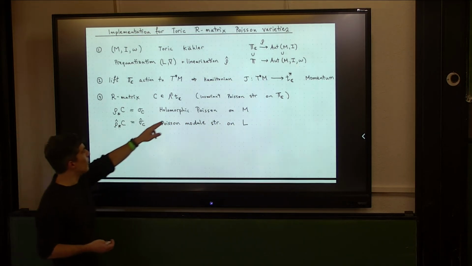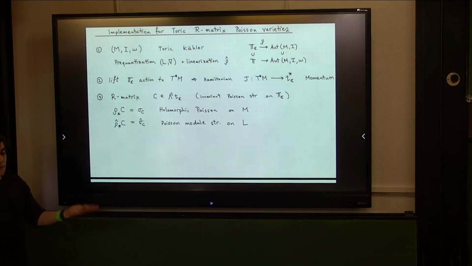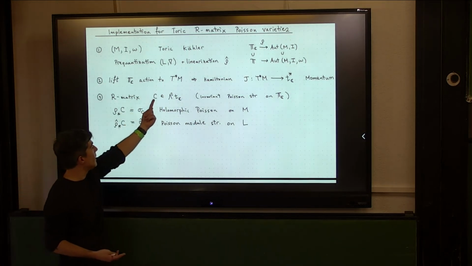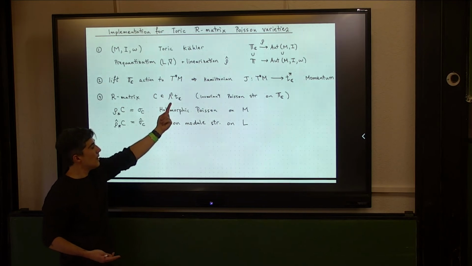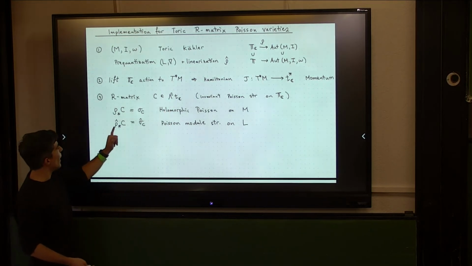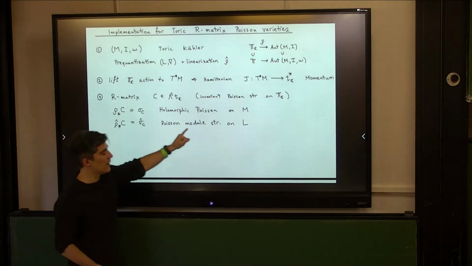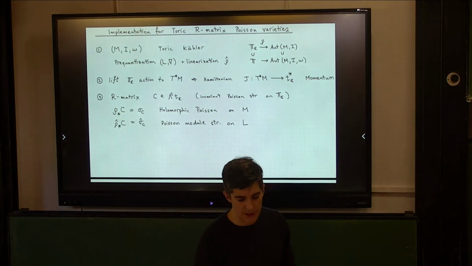So now we have a holomorphic Poisson structure on the toric variety, and there's plenty of these. You could take any skew-symmetric tensor in the Lie algebra, and you get this holomorphic Poisson structure. And then you could also lift, by using the linearization, this to a Poisson structure on the line bundle as well.